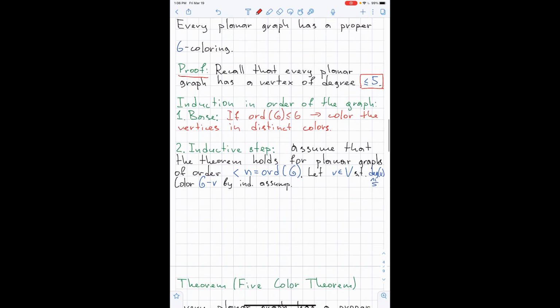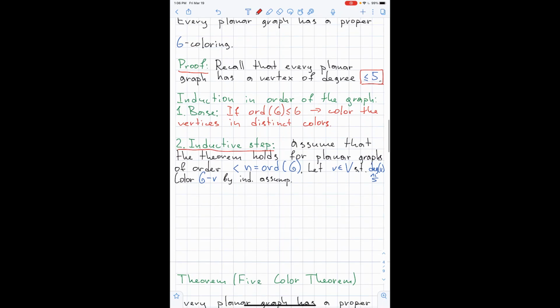Now we do need to do the inductive step. So our inductive assumption is that the theorem holds for planar graphs of order less than n, and then we have a planar graph of order n, and we need to color. So how are we going to proceed? Well, we use this fact that there exists a vertex of degree less or equal than 5.